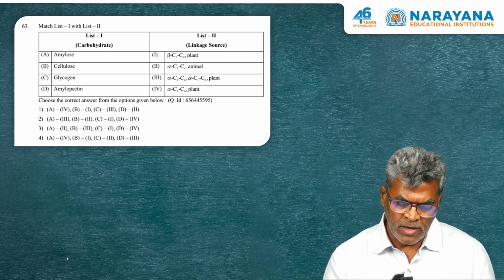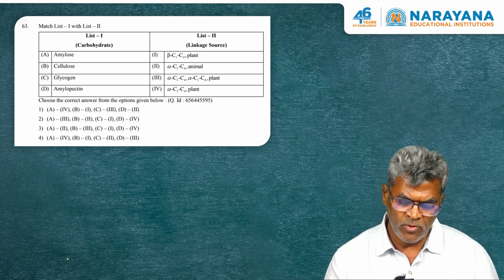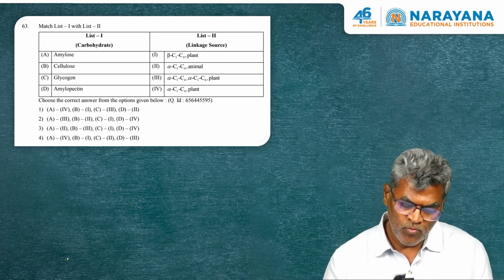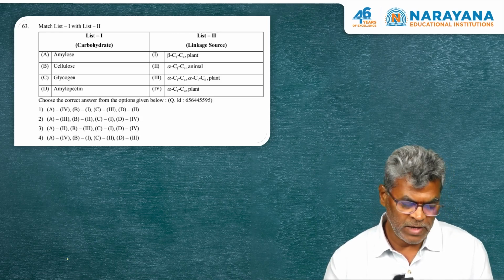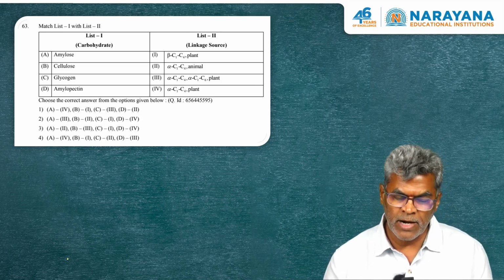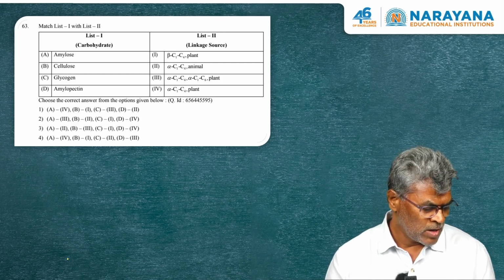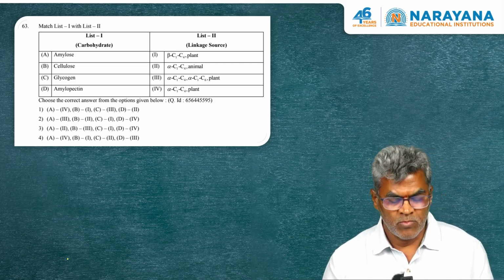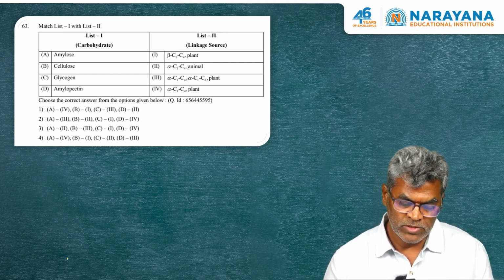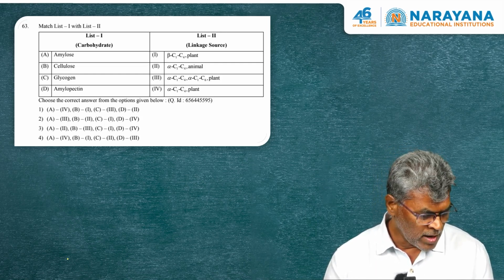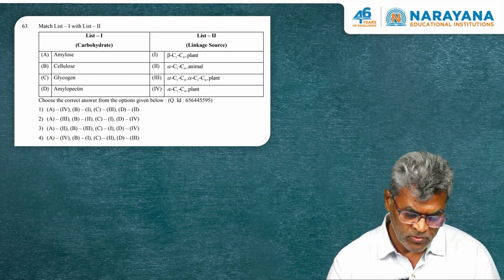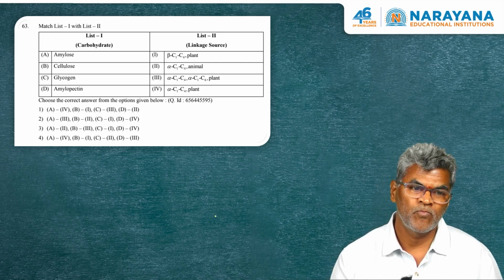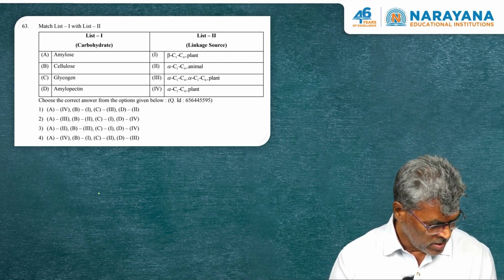Amylose means C1C4 linkage will be there, that is present in plant, and cellulose also, cellulose will be present in plant only, C1C4 linkages, and glycogen, it is present in animals, C1C4 linkage. That is why overall option, if you see, fourth option will come, A4 and B1, C2 and D3. So, that is the theoretical concept, right.